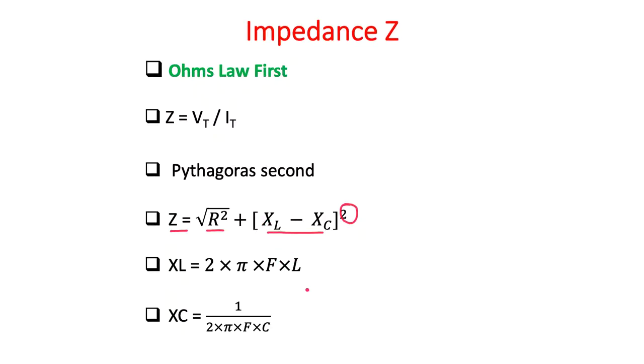Then if you need to find XL or XC, you will need these equations. And if you're halfway through AC, these equations should be starting to become automatic. XL is equal to 2 pi FL, and XC is equal to 1 on 2 pi FC.